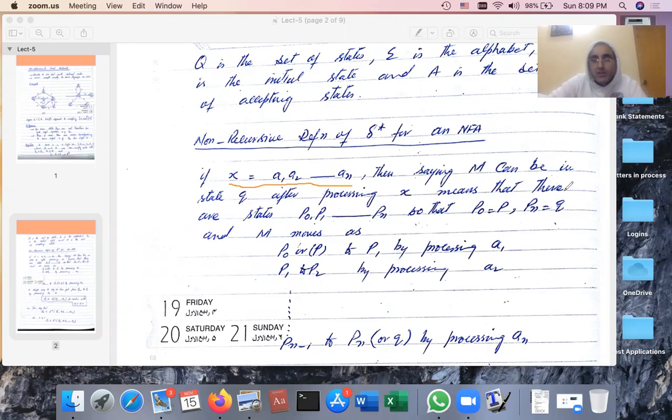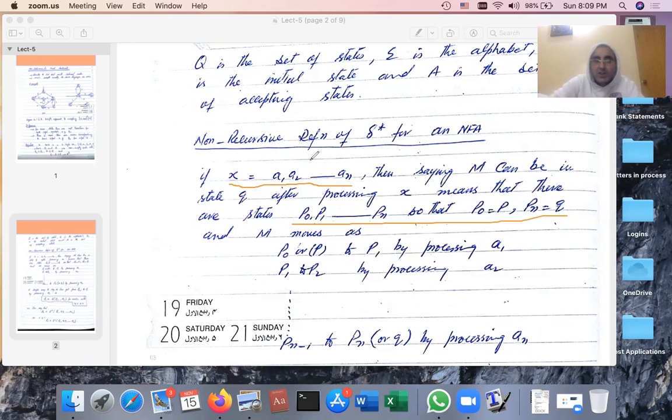In other words, there are states p0, p1 and so on to pn, so that p0 is p, and we are calling the last one pn, which is q. We are now taking this example and comparing it to our previous one.